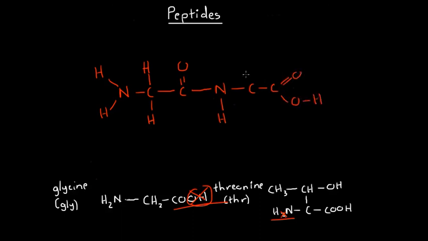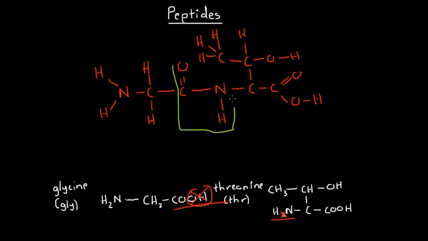And so this is what our resultant dipeptide molecule looks like. And that is the dipeptide produced by the bonding of glycine and threonine, complete with our amide linkage in the middle here, our amide functional group.